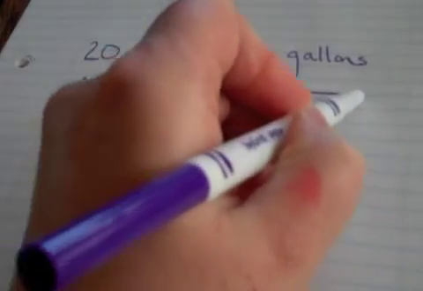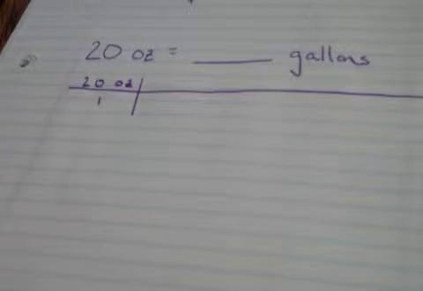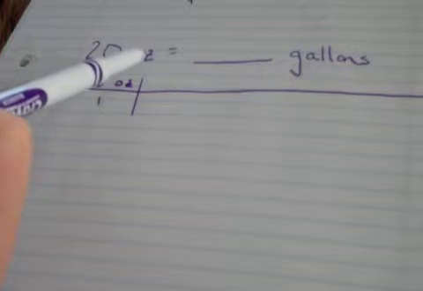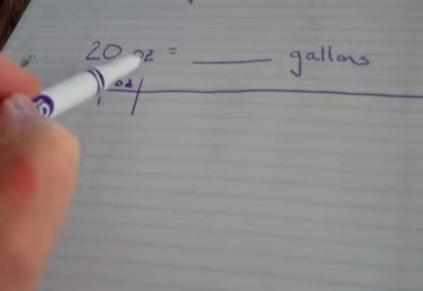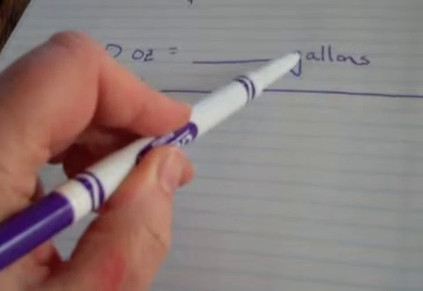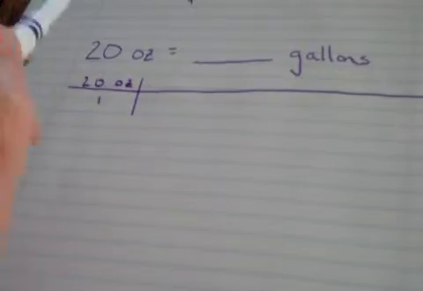So what I do is I take my given information, 20 ounces, and I put that on the top of my horizontal line. Remember to put it over 1 to turn it into a fraction. Now again, I'm looking at my conversion table as if it were a step ladder. I think about moving from ounces to gallons as either climbing my ladder or lowering myself on my ladder.